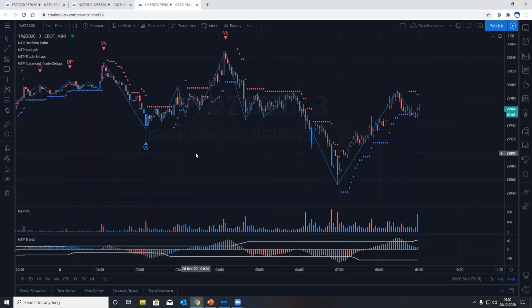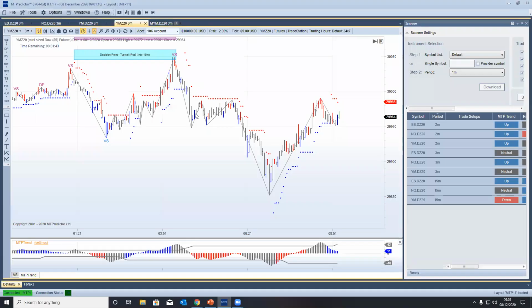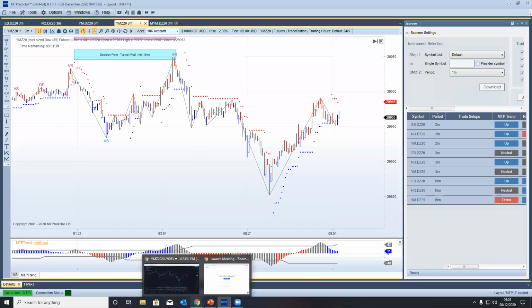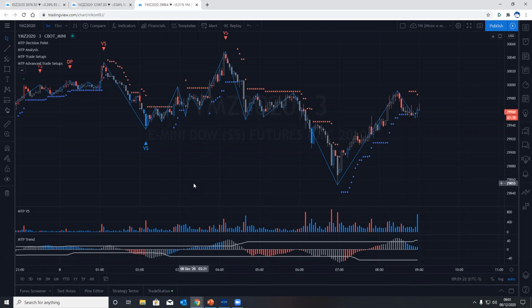This morning, I want to have a look using our new MT Predictor scripts on TradingView again. Quite excited about these, and it's been quite a good uptake in the last week. So I know a few of you new customers are coming in and using these. For your current customers who've been with us for a while and are using our standalone version, which is this version, or our NinjaTrader 8 add-ons, the approach we take is exactly the same.